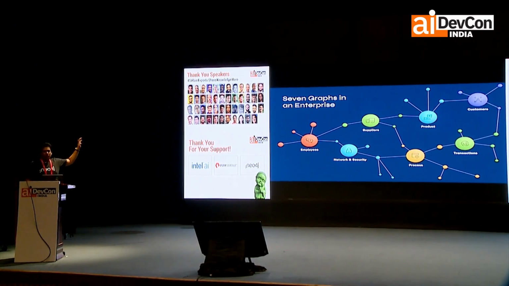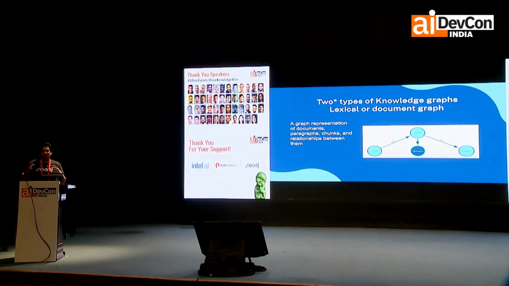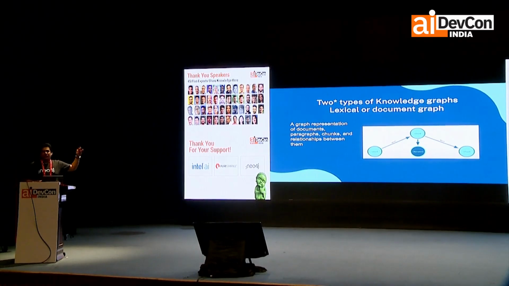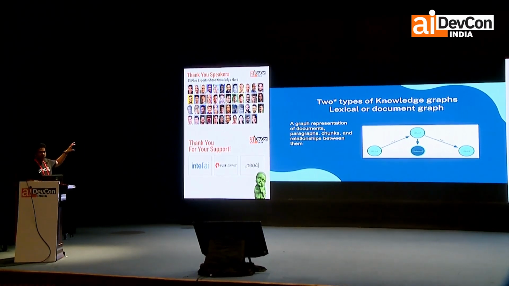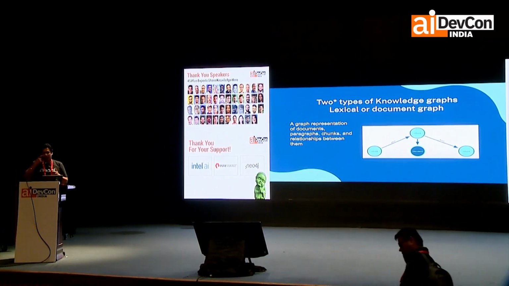Now, these knowledge graphs can be categorized, I won't say divided, into 2 types. This is more of an internal terminology which we feel would be more relevant for developers to understand what knowledge graphs are and how they are structured. There could be a lexical or document graph, which is a graph representation of your documents, your paragraphs, your chunks.